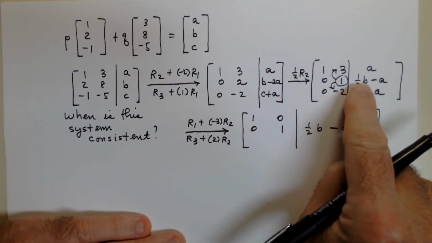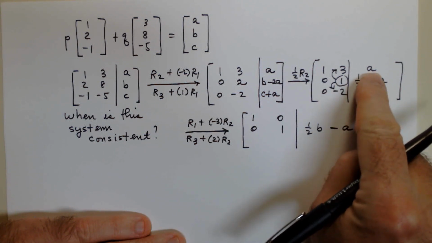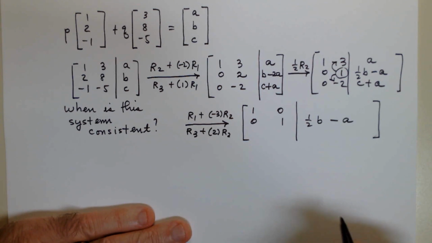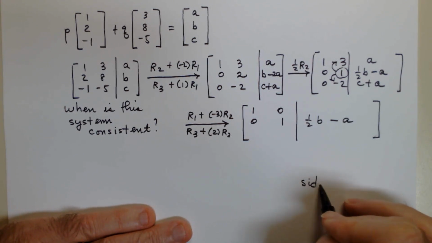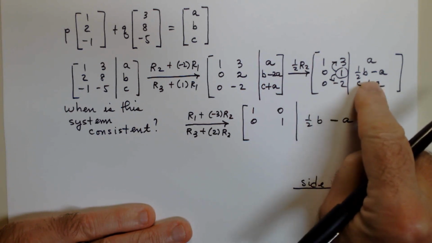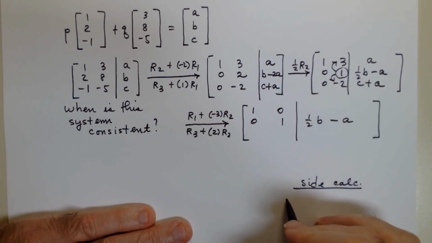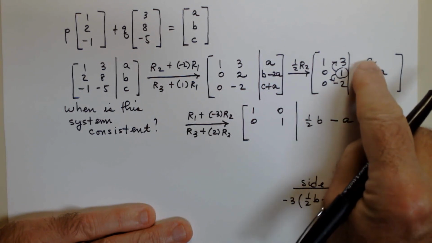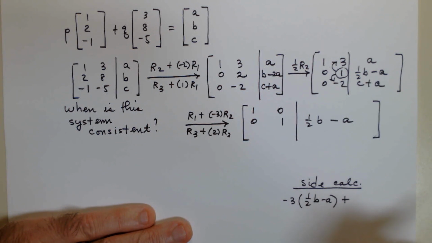I have to take negative 3 times this entry and add it on to A. So let's go off and do a little side calculation here, adding it on to the entry that's in row 1 right now.